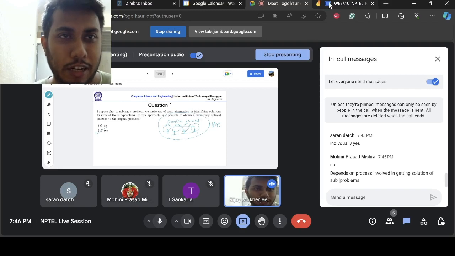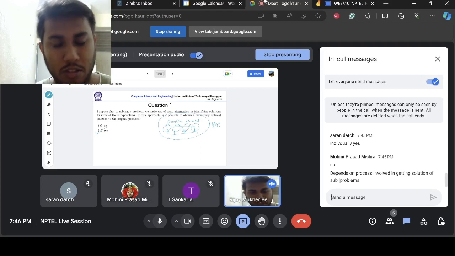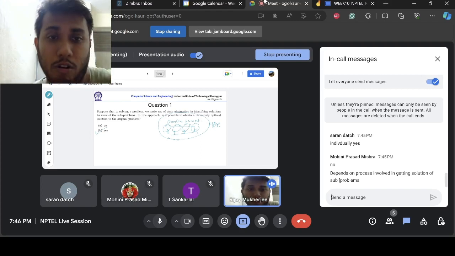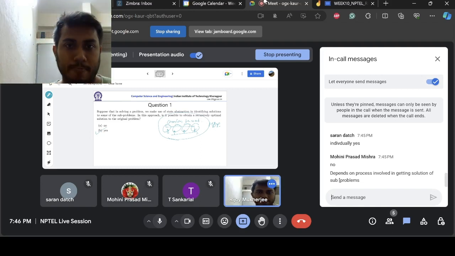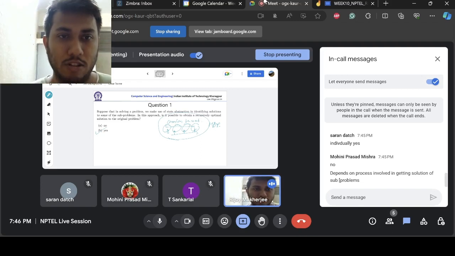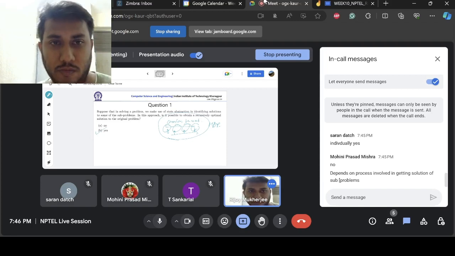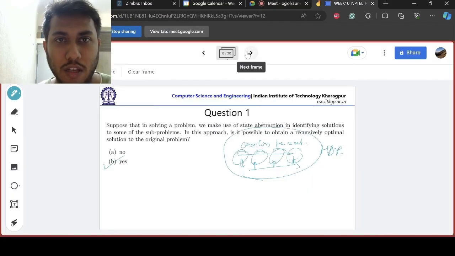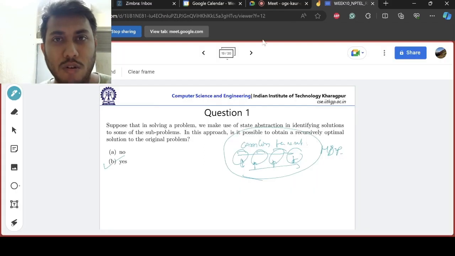It is not impossible that the recursive, modular solutions add up to the optimal solution. Sometimes it is possible. It is not completely impossible. It is possible. Okay, so let's go to the next one.